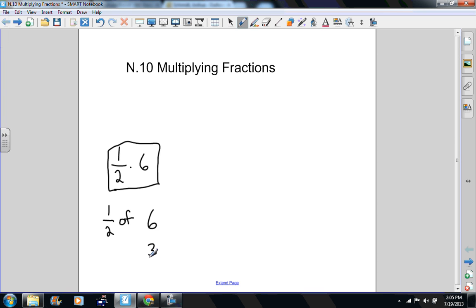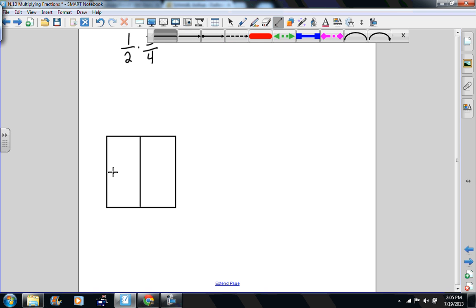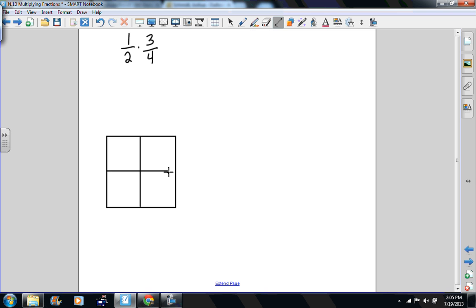So when we start to deal with problems like 1/2 of 3/4, what that's actually saying is break this up into 3/4. So 1, 2, 3, and it wants to know what 1/2 of that would be.